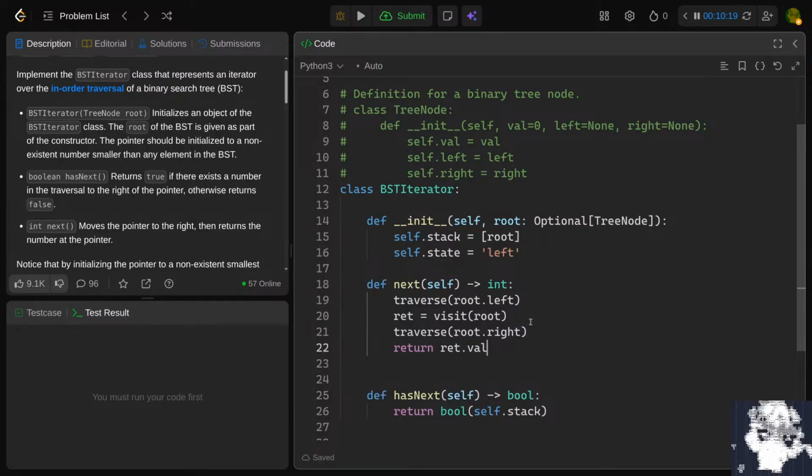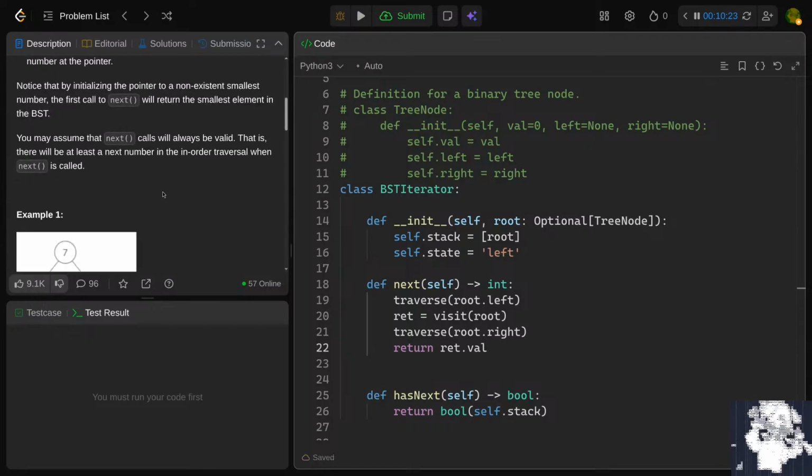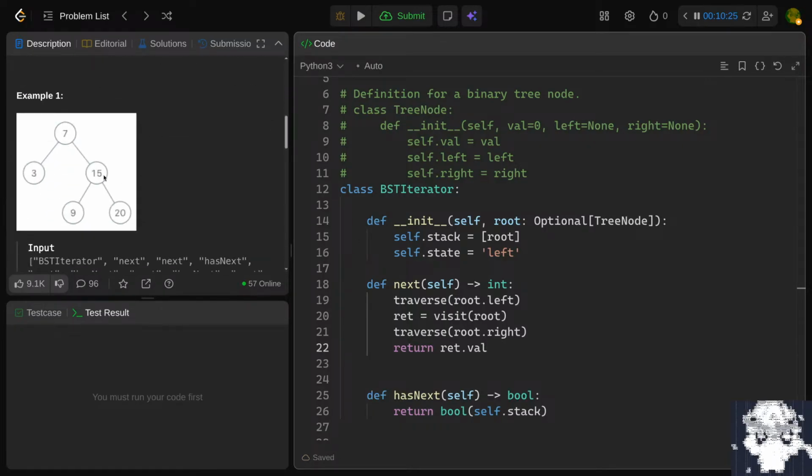Returns the value, so return ret.val. So at any given point, like let's say we are here, that means we've already visited the left and now we have to visit the right. Right? So it means you're always either going right or up.